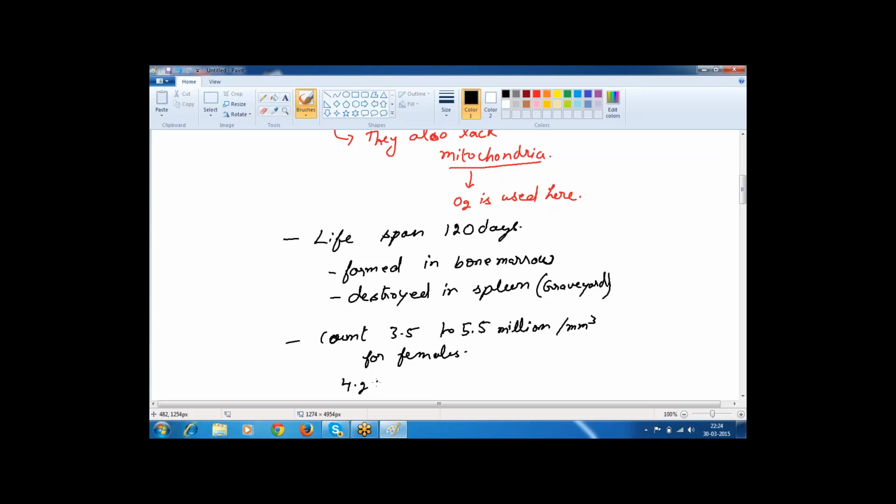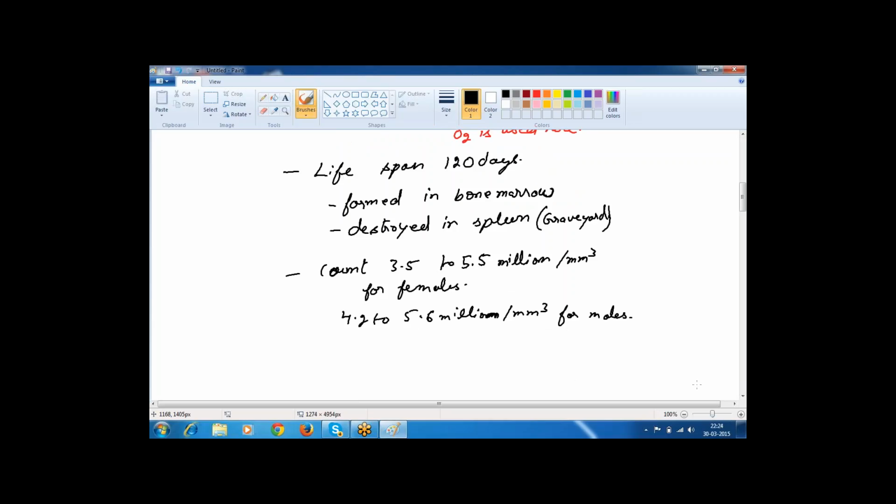Whereas 4.2 to 5.6 million per millimeter cube for males. So males have relatively higher number of RBCs.